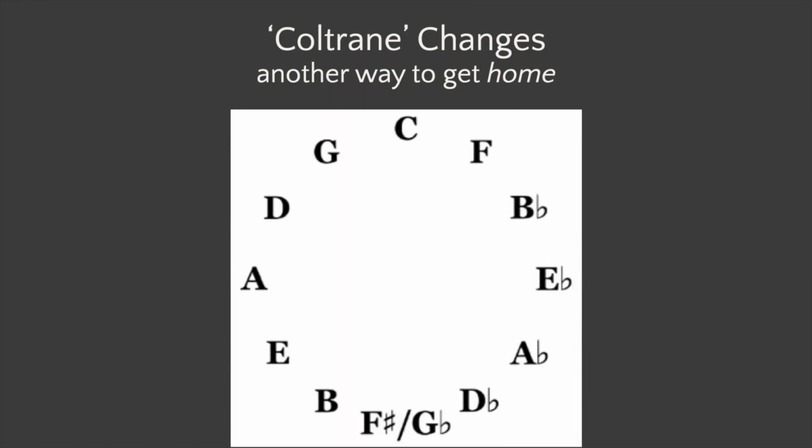So imagine C major is our tonal center. This is our root chord, or our home, a C major 7. The normal way to get back home is via a ii-V-I. However, you could also go home via a tritone substitution, like this.